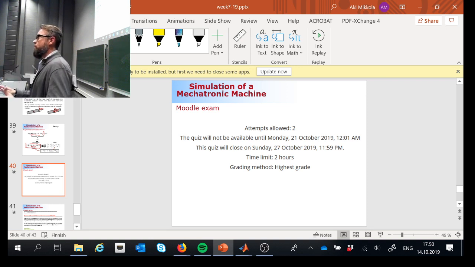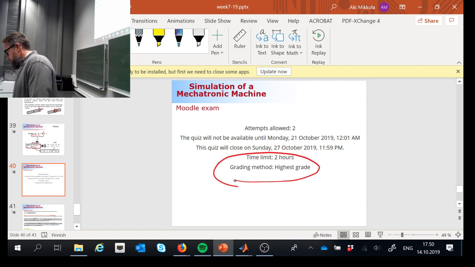Now I'm not sure if you open your exam just before midnight, whether you are still able to complete it. That I'm not sure. So it's better to be safe and start at, say, 10 at the latest. That's my recommendation. Okay, time limit, 2 hours. So you have 2 hours to do it, and the grading method is that the highest will count. 2 attempts.